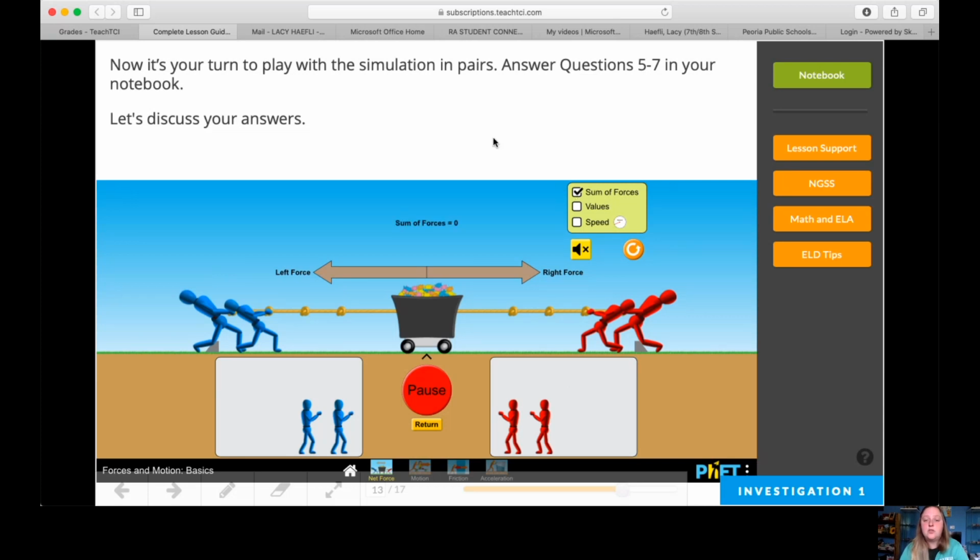So the sum of our forces, so the net force is 0, right? Because they have a force of 250 newtons and they have a force of 250 newtons. So really, in this case, this is technically considered a balanced force. There is no acceleration. There is no change in the speed or the velocity here.